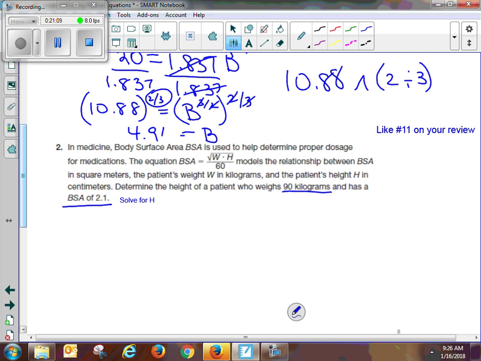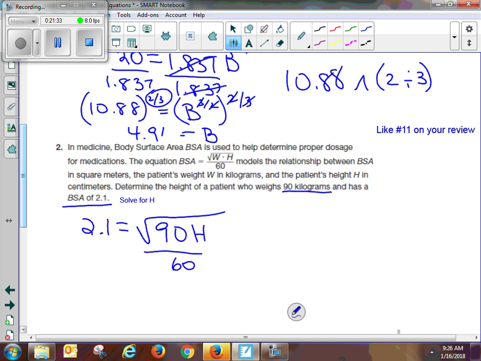Tell me what to put where. I kind of underlined for you. How would you start the sentence in math terms? What would you write? 2.1. Good. 2.1 equals square root of 90 kilos H. Yeah. So yeah, it's a story problem, but it's really just plug in, solve.